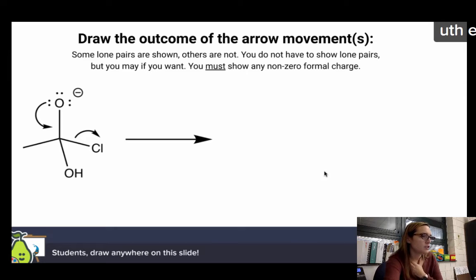When you're done, do a quick check of formal charge to make sure. I'll give you a hint here. Only one atom is going to actually have a formal charge. So think about which one atom that might be.